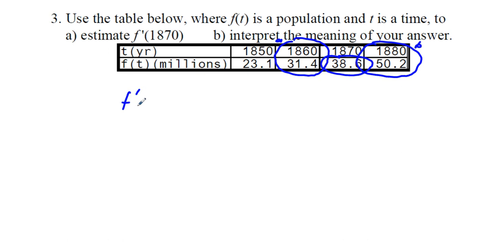And so you would have f prime of 1870, which is really an estimate.